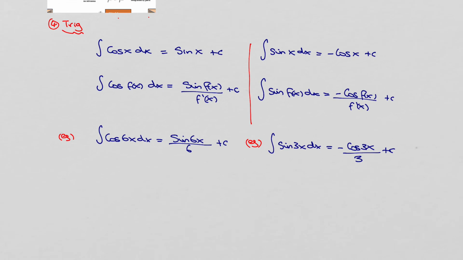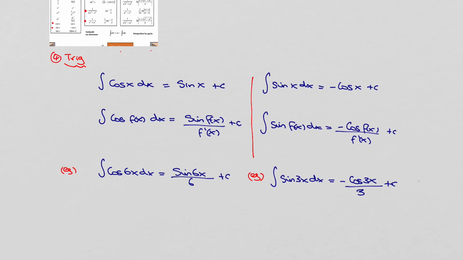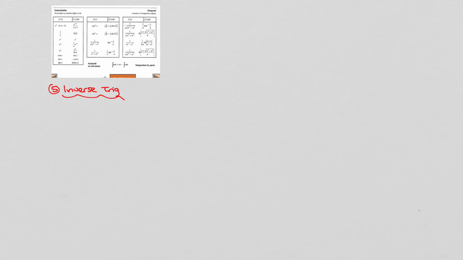So if we're looking at inverse trig, I'm going to the next page actually. These are always the ones where you have to recognize the function. So if we have 1 over the square root of something squared minus something squared, then we should spot that as sine inverse of x over a.